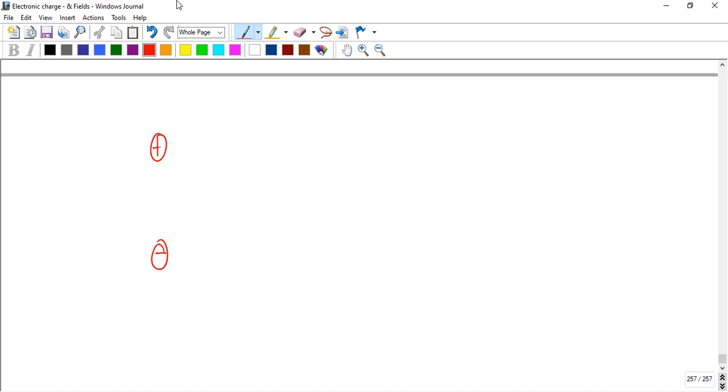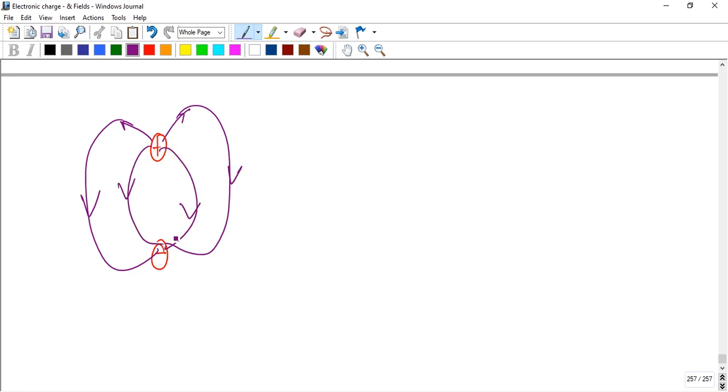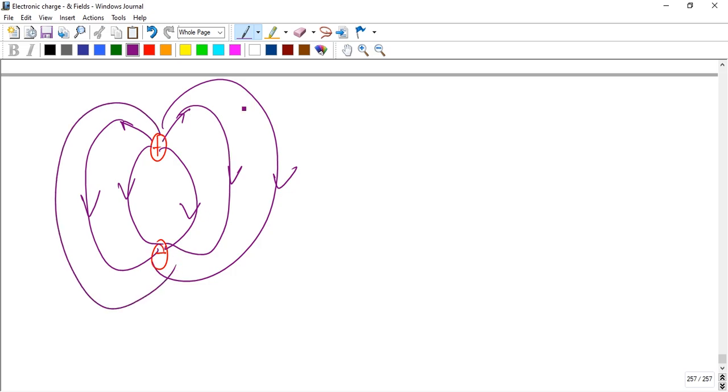There is an electric field, obviously starting from plus and ending at minus. That's the electric field E, because there is a single charge.